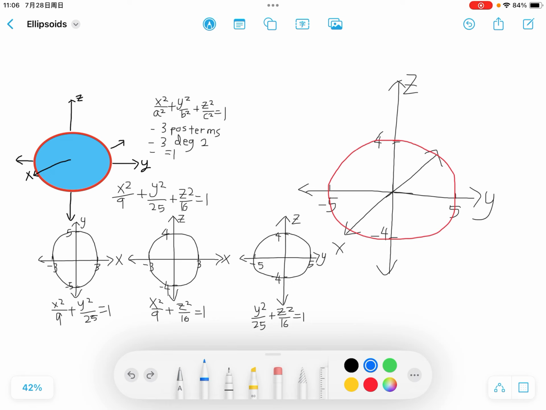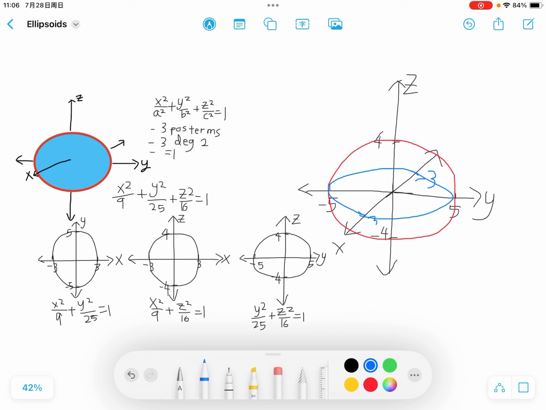So we have 3 and -3 for the X coordinates, and then for the Y coordinates we have 5 and -5. So the XY view is something like this. So if we just cut across the shape on the XY plane, that's what we would get.